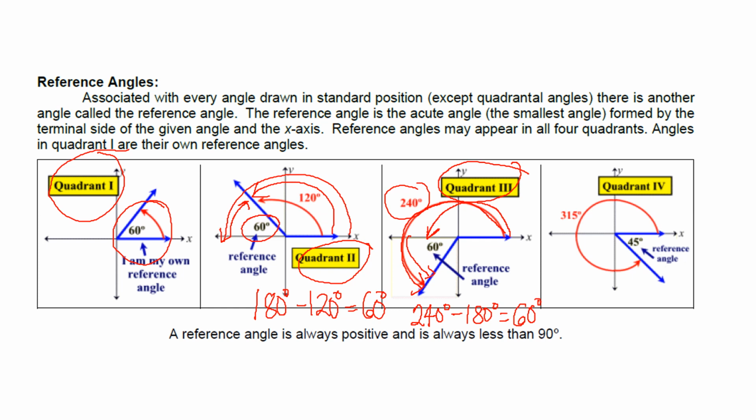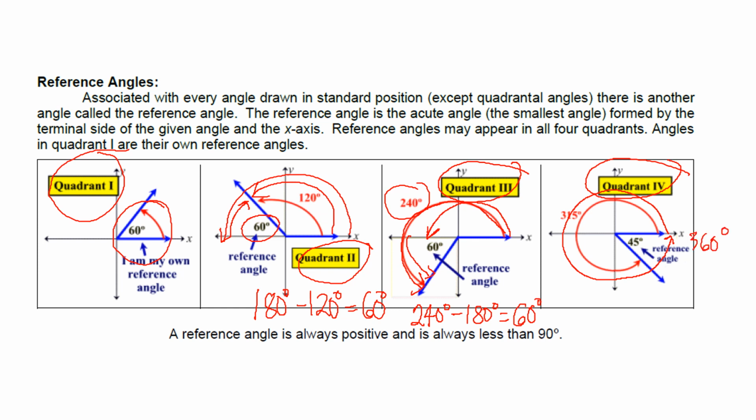Now, for quadrant 4, we have 315 degrees. And we know that a complete movement, from our initial side going around the x-axis, one whole entire counterclockwise direction, would be 360 degrees.